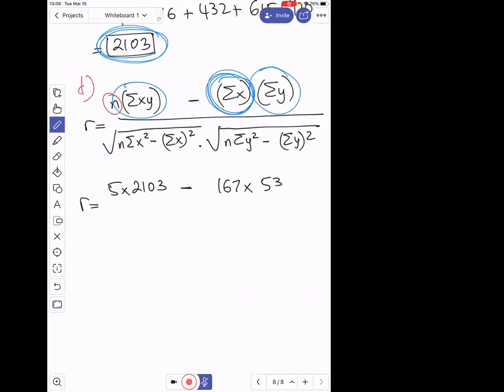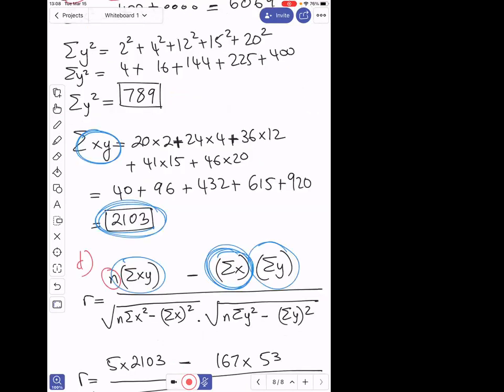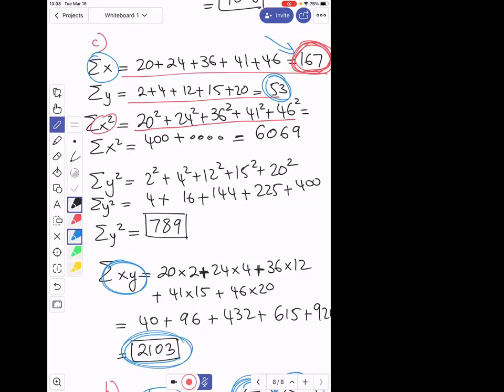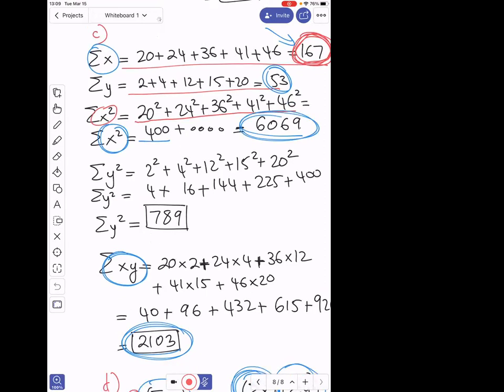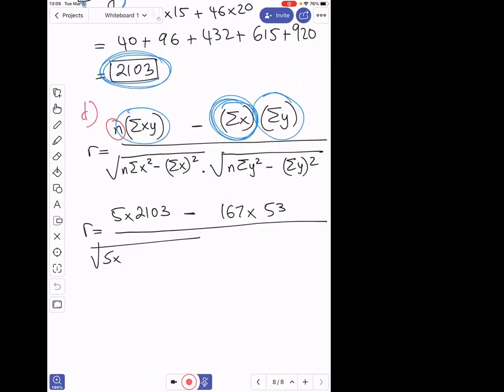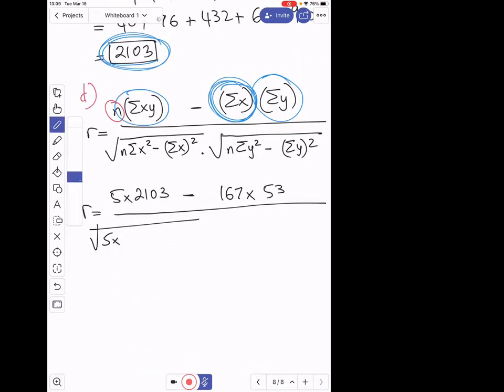Over, then there is this square root, with this n again, which is 5, times the sum of the x squared. Now we take this sum of the x squared, the 20 squared plus 24 squared plus etc. So that's 6,069. So it's 6,069 minus, and here just be careful, guys.